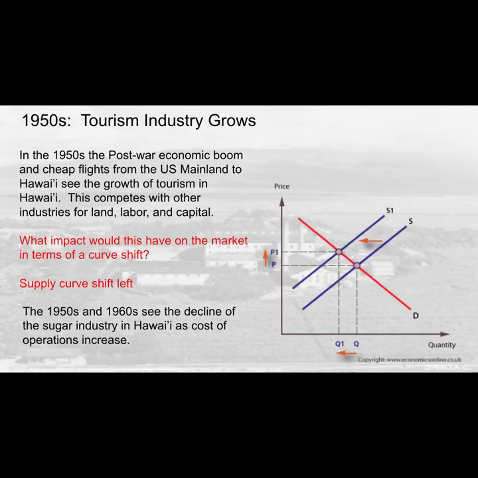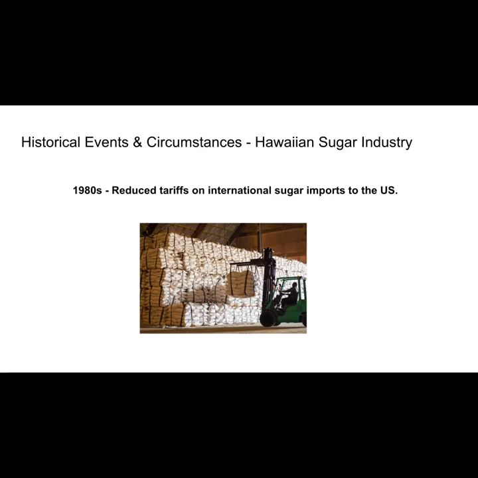And then, of course, the impact of the economy booming post-war and how that's impacted the market in terms of a curve shift in the 1950s. And then finally, the reduction of tariffs on international sugar imports to the U.S. that occurred during the 1980s.